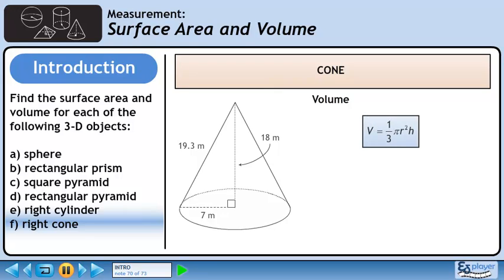The formula is V equals 1 over 3 pi r squared h. The radius of the circular base is 7 meters, so plug in 7 for r. The height to the apex is 18 meters, so plug in 18 for h. The volume of the cone is approximately 924 cubic meters.